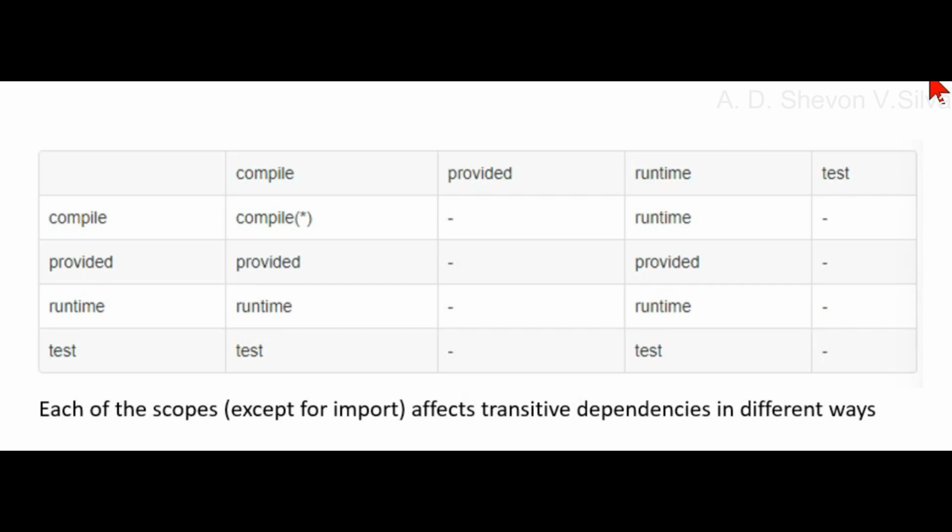Each of the scopes except for import affects transitive dependencies in different ways. It is demonstrated in the table here.